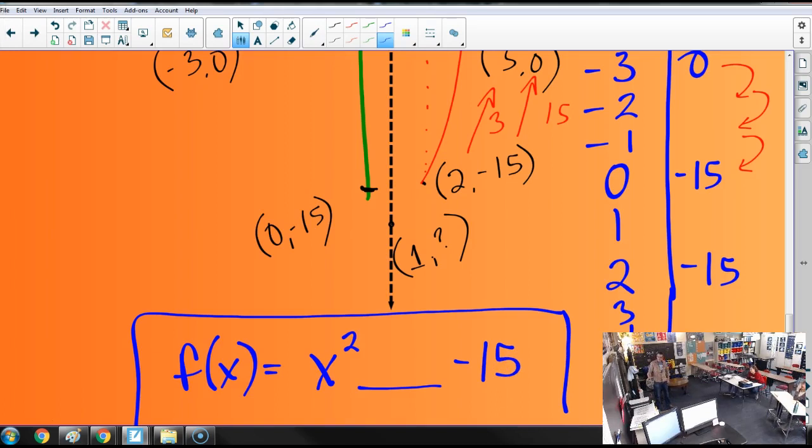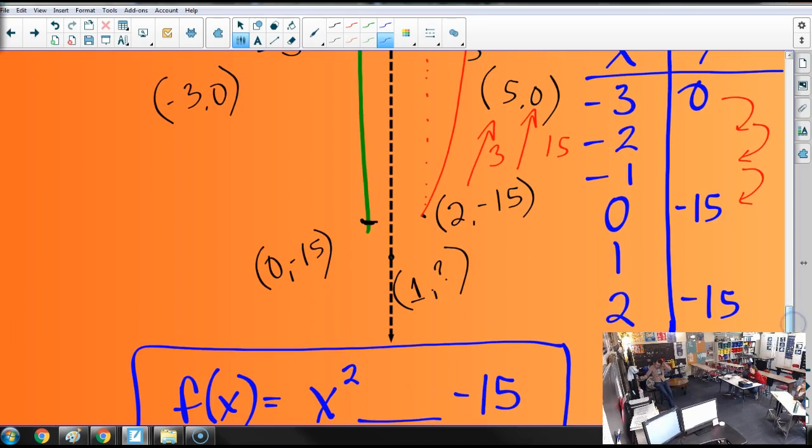So wait, minus 15 or minus 9? Which one do we want to try? Minus 15. If we did x squared minus 9, that would give me 0. Negative 15 because that's the y.